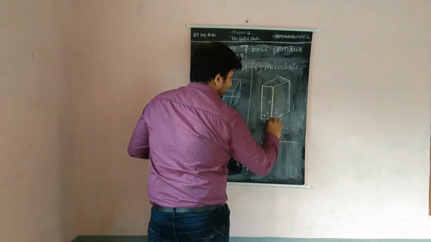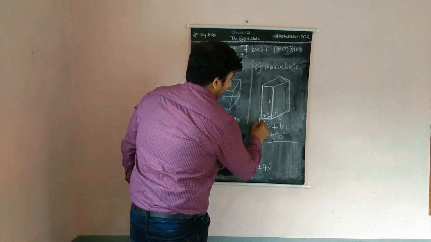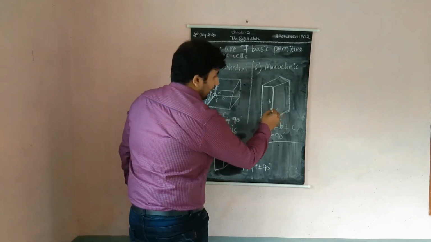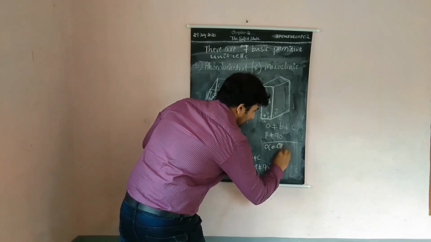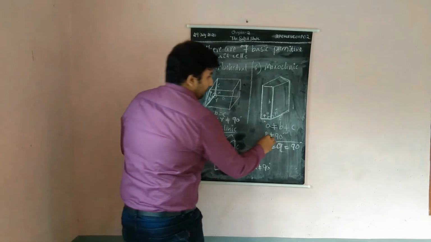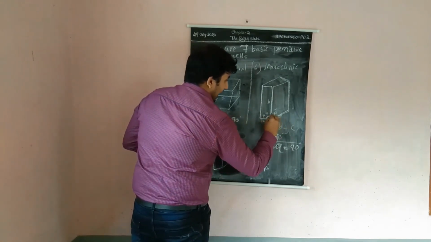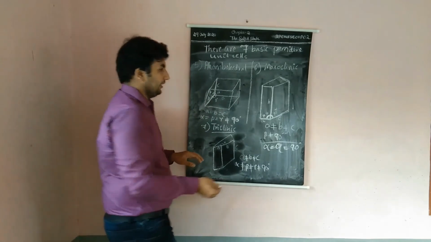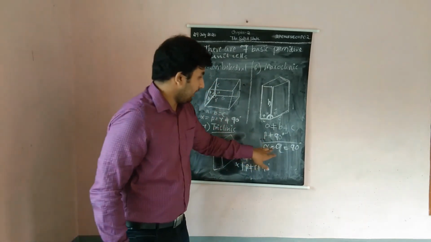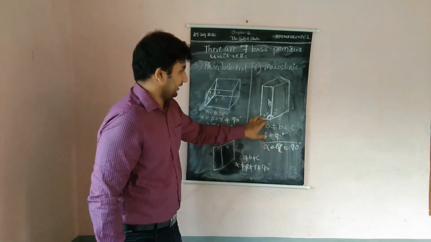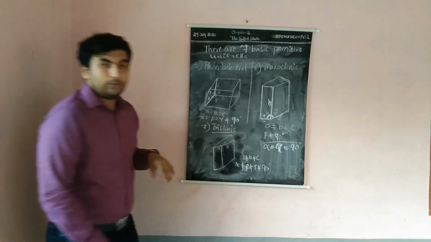A is not equal to B, and C is also not equal to both A and B. But for the angles, alpha and gamma are equal to 90 degrees, but beta is not equal to 90 degrees. The angle between A and C is around 120 degrees, not equal to 90 degrees. Clear now? And last one is triclinic.